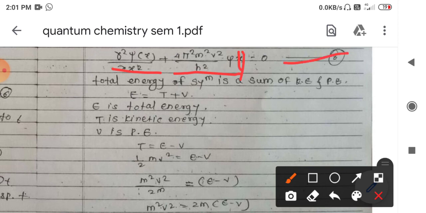But we can say that the total energy of a system is the combination of kinetic energy plus potential energy.